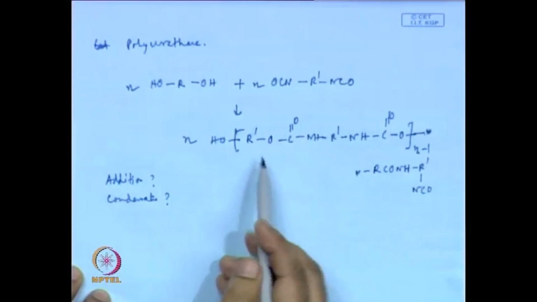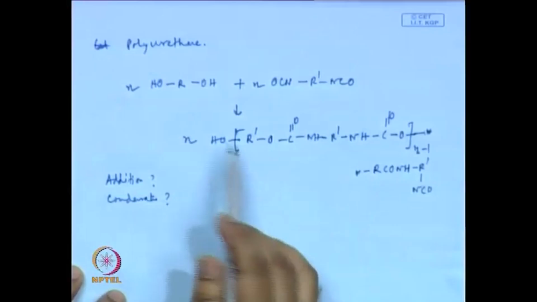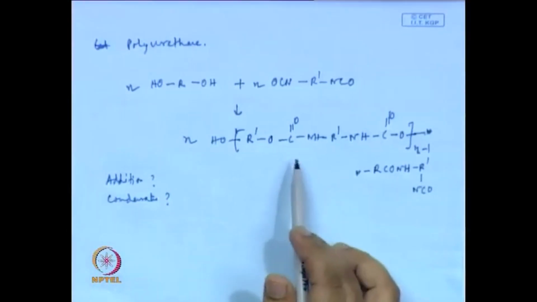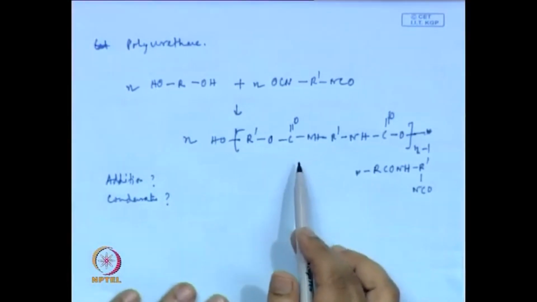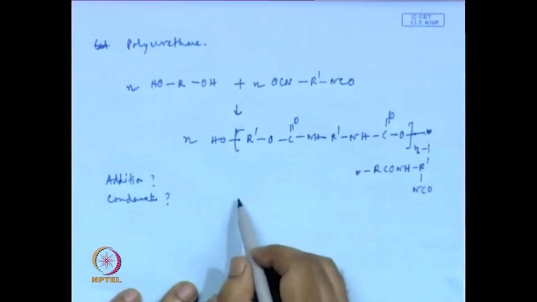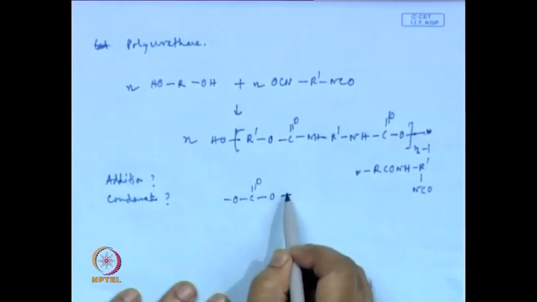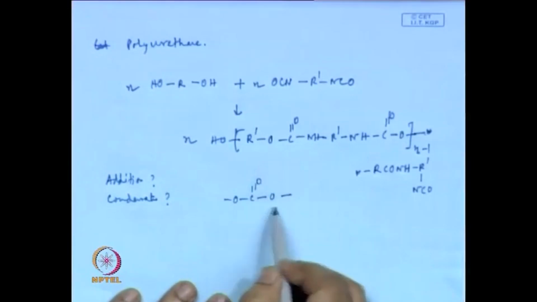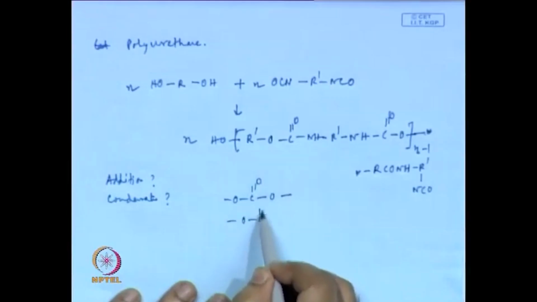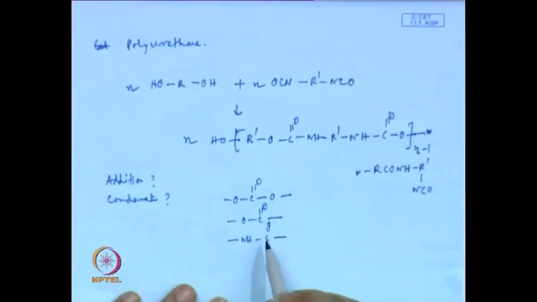According to the organic chemistry definition, this is an addition reaction, this is not a condensation reaction, but if you compare this polymer with the other condensation polymers, they have similar backbone structure. Like if you compare with polycarbonate, this has this structure. If you talk about polyester, you have this. You talk about amide, you have this.